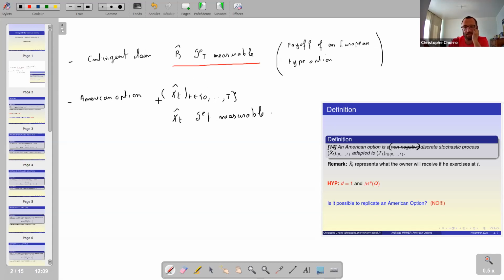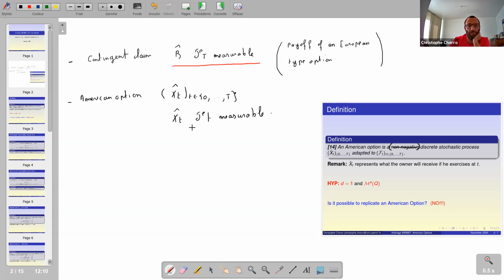You know that for a European contingent claim, you can only exercise at the maturity of the contract, that is capital T. For an American option, you will have the possibility to exercise at any time between 0 and capital T. And X hat t will represent, if you are the owner of the option, what you will receive if you exercise at time small t.